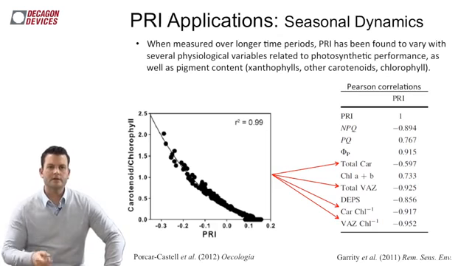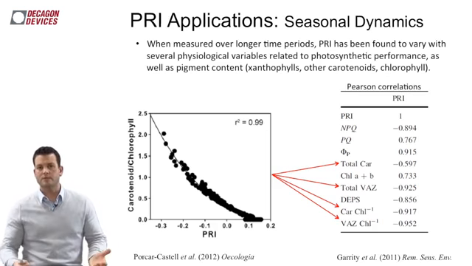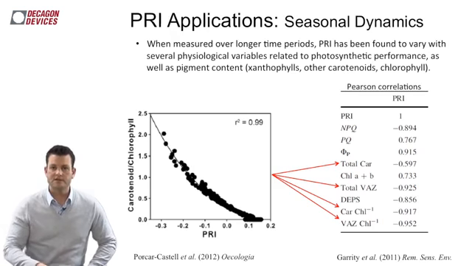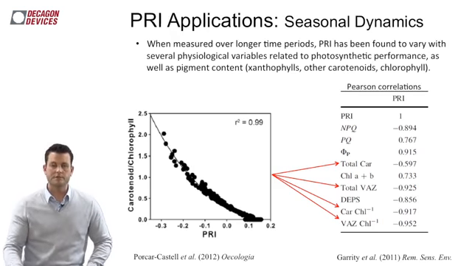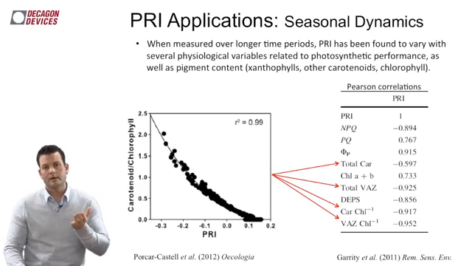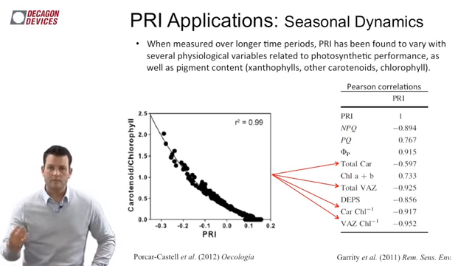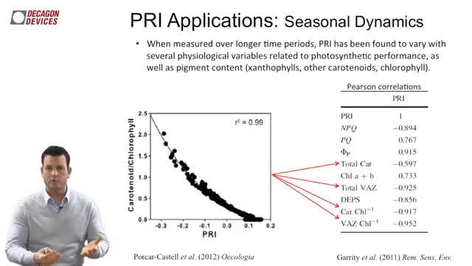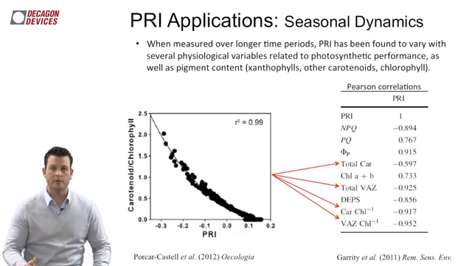The Porcar-Castell study was really nice. They looked at a Scots pine canopy over an entire year, or a little over a year, to assess some of these longer-term correlations amongst photosynthetic physiology, foliar pigments, and PRI. And what they found was that almost all of the important photosynthetic physiological parameters or variables are related to PRI.